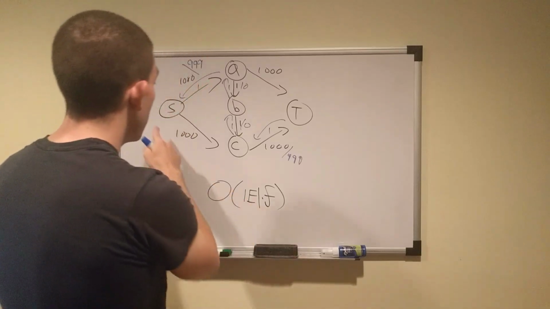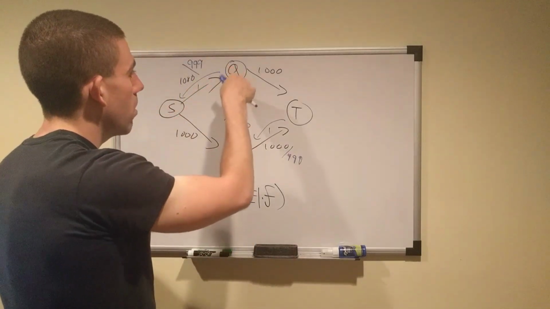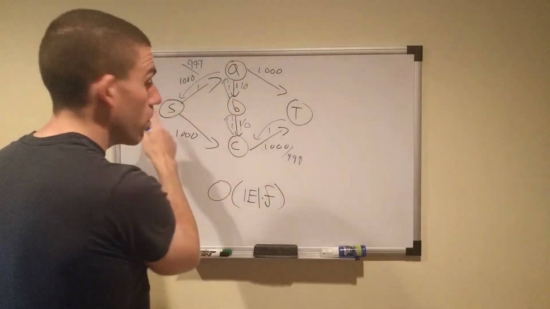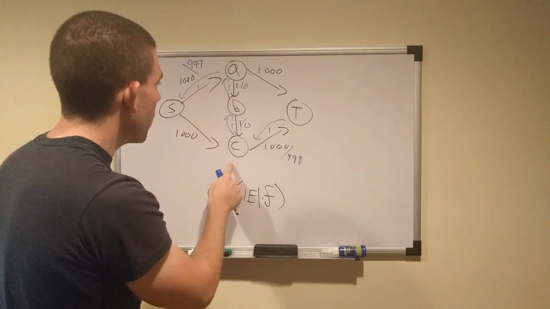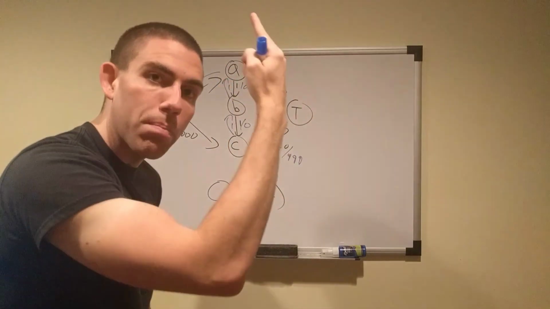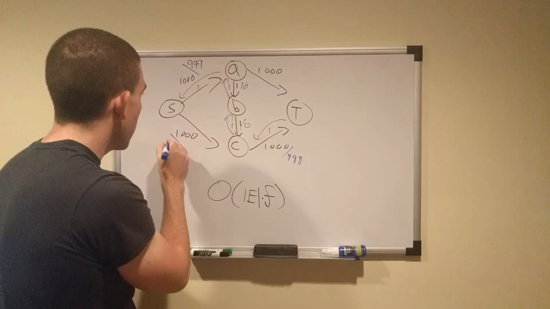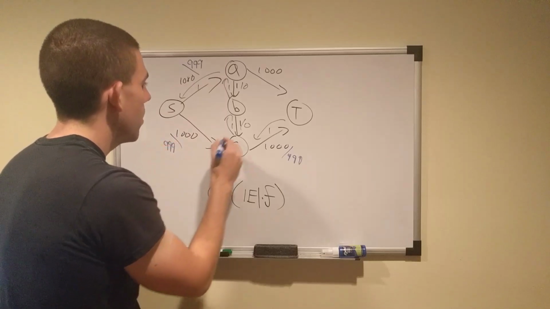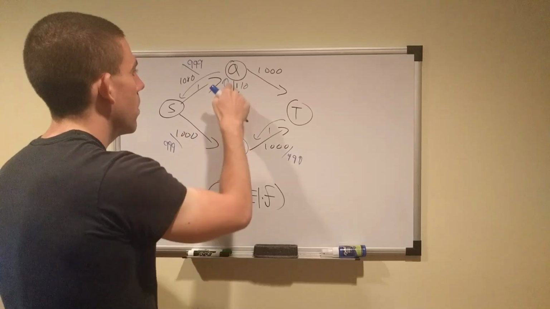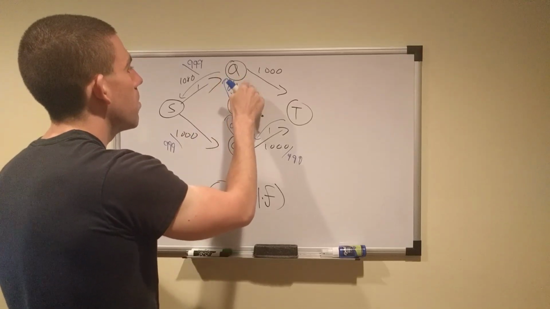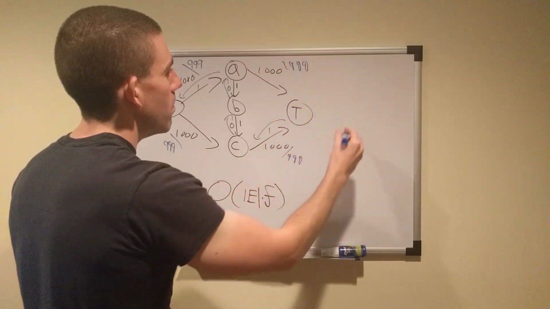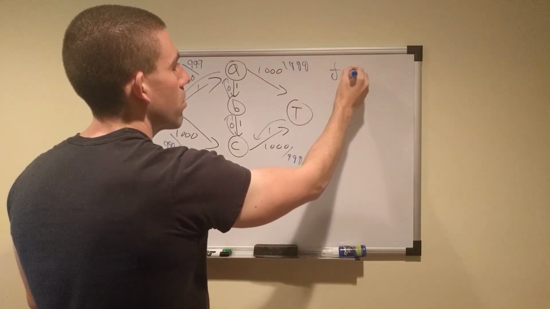Next, it can't go down here because we have zeros going down, but worst case scenario it comes down here, S to C to B to A to T, because now we have these positive weighted edges going up the graph. So you get 999, 0 because you sent 1, 0 because you sent 1, 999. So your flow is being summed up like this.